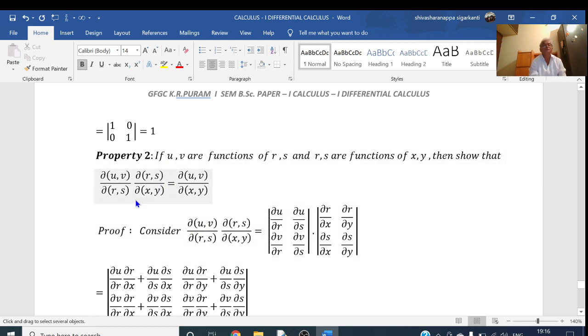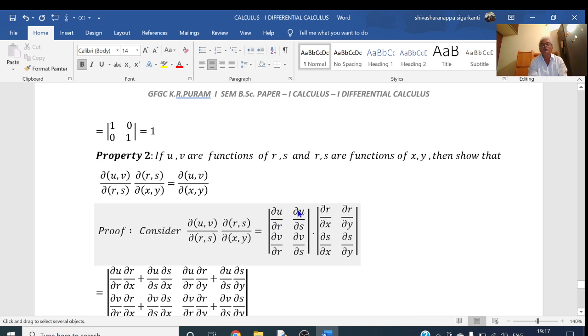So consider this left hand side, ∂(u,v)/∂(r,s) into ∂(r,s)/∂(x,y). What is this? This is nothing but the determinant where the first row is the partial derivatives of u, second row the partial derivatives of v with respect to r and s.